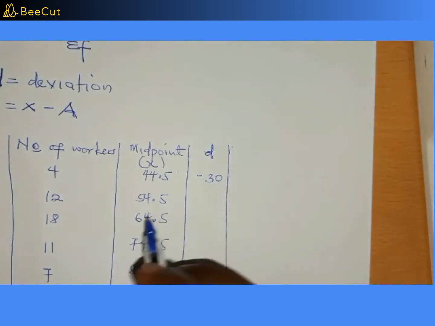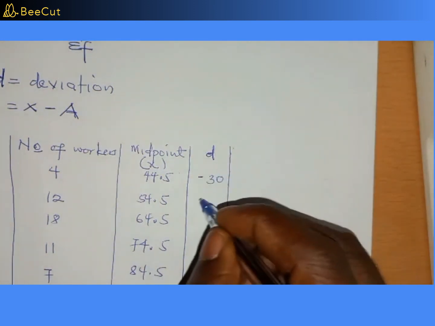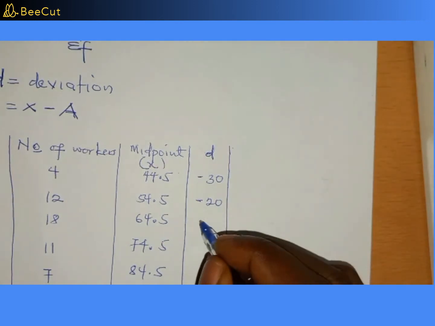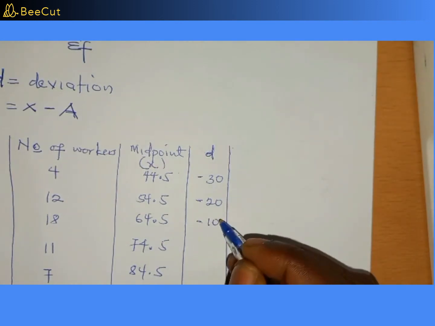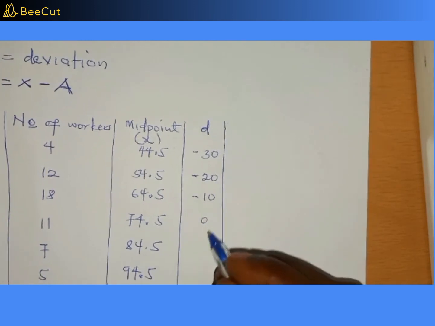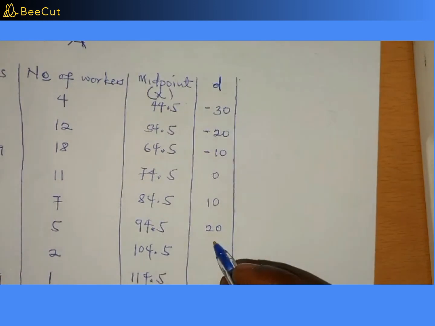The next one, 54.5 minus 74.5, gives me negative 20. The next, I'm going to get negative 10. The next, I'll be getting 0. The next, I'll be getting 10. Next, I'll be getting 20. Next, when I subtract this, I'm going to get 30.